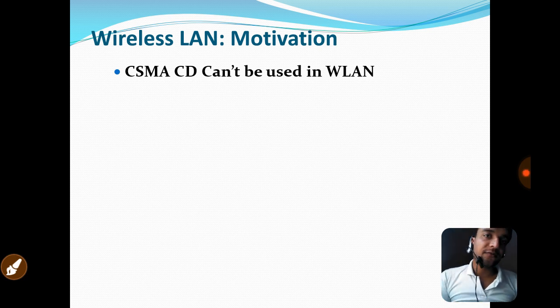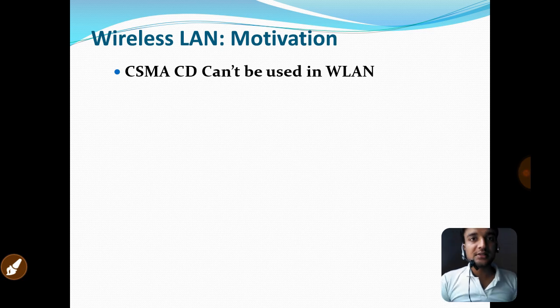But in wireless LAN, even if the collision has happened, the nodes cannot sense that the collision has happened. Because it's a wireless network, there is no chance of sensing the carrier. So that's why the CSMA CD collision detection technique cannot be used in WLAN.